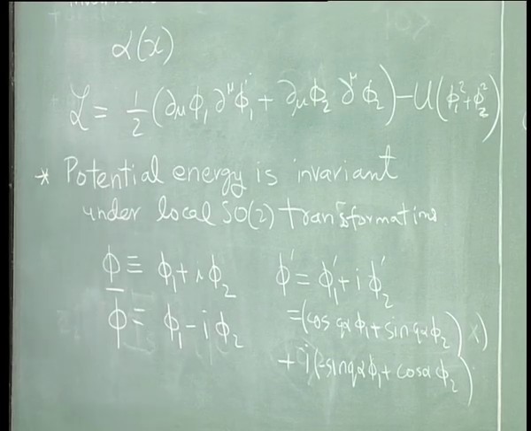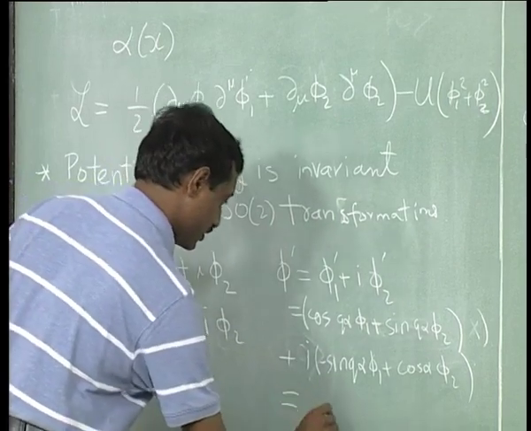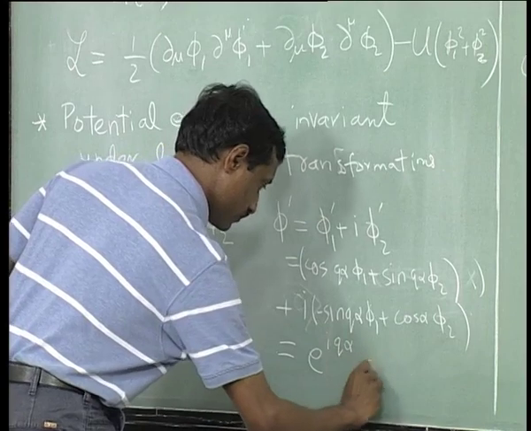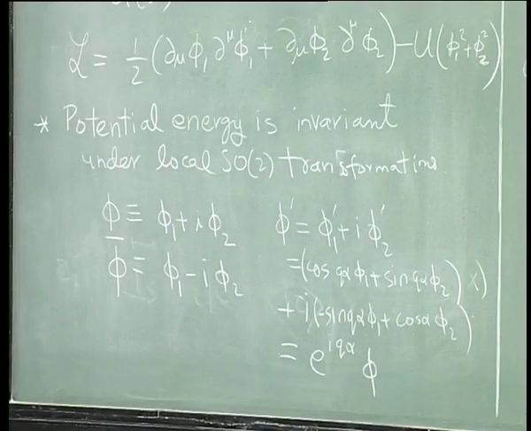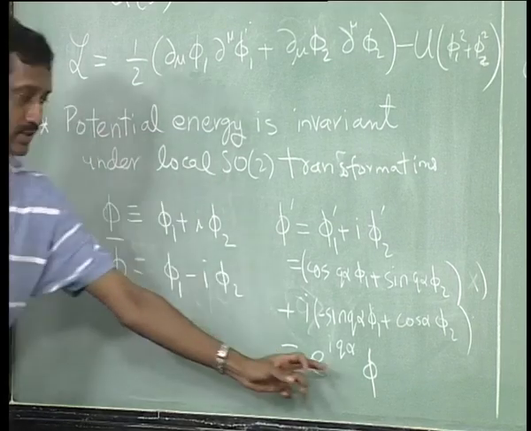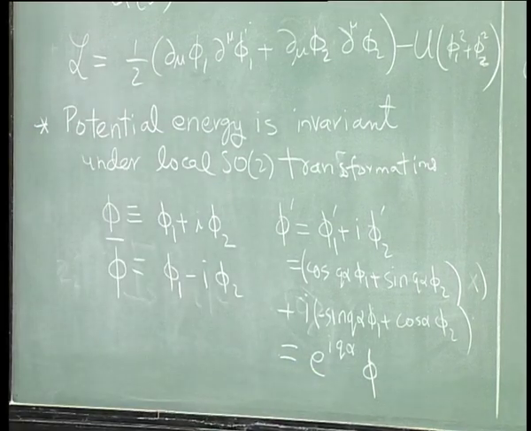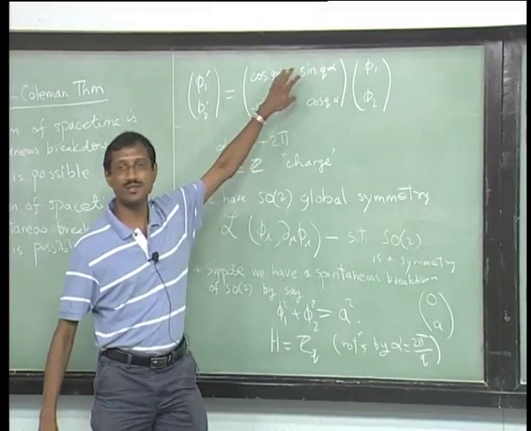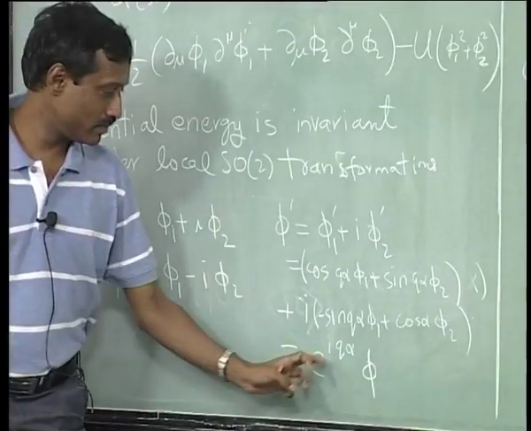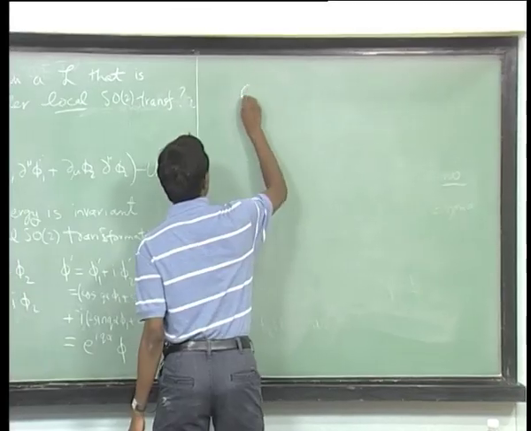This may look very complicated, but actually this is nothing but... okay. So, phi prime, just so it is like going to the eigenbasis of this, I am diagonalizing this matrix if you wish, and so phi prime is e power i q alpha again.